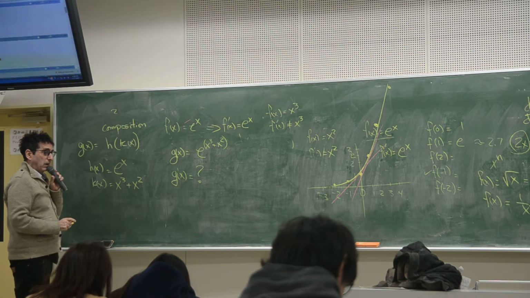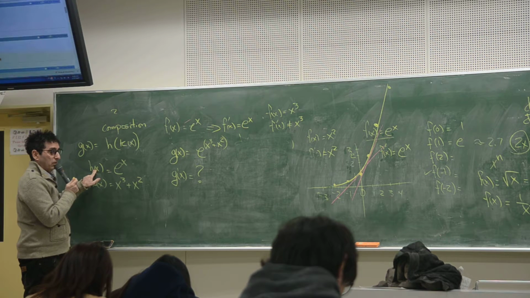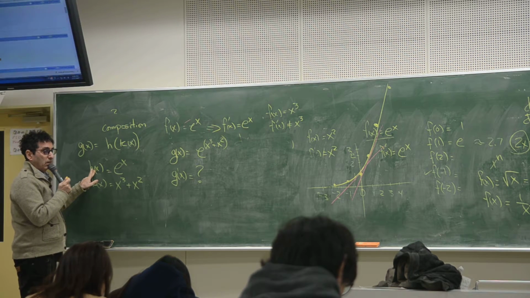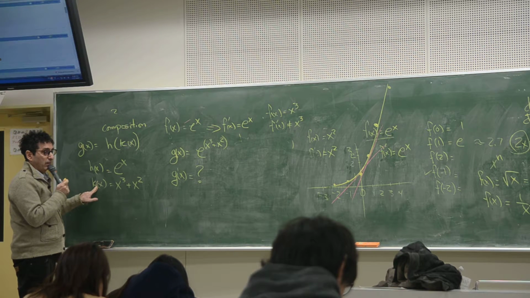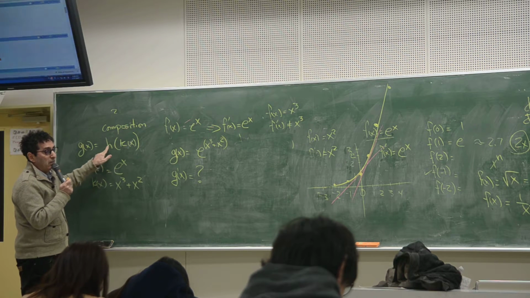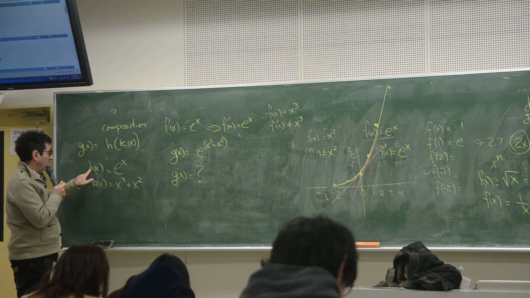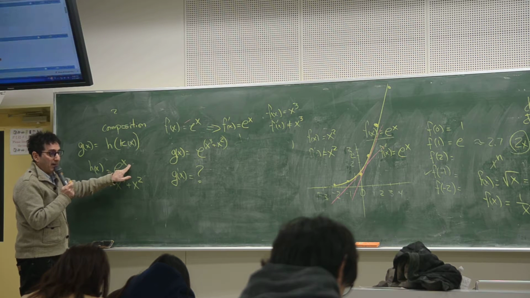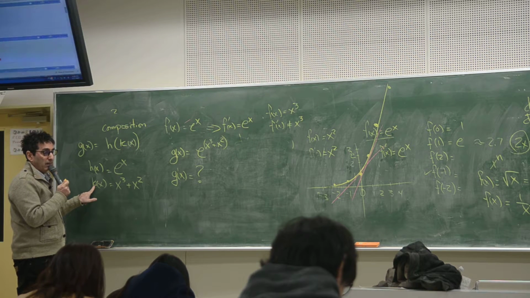Let's make sure, is this right or not? Do h of k of x. Here's h, and here's k. So what I'm saying is put k into h. If I put x into h, I get e to the x. So if I put k into h, I get e to the k of x.